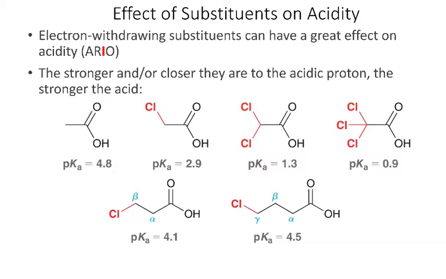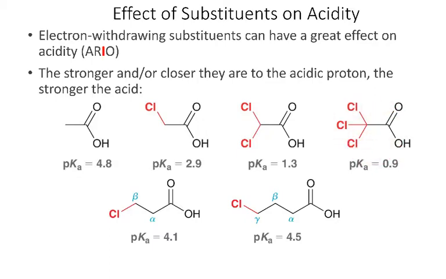So if we notice, the more chlorines I put onto this carboxylic acid, the more acidic it becomes. And the effects can be significant. We can go from a pKa of 4.8 to a pKa of 0.9, almost 4 pH units, or 4 orders of magnitude. We're talking 10,000 times change in the acidity by adding these chlorines.